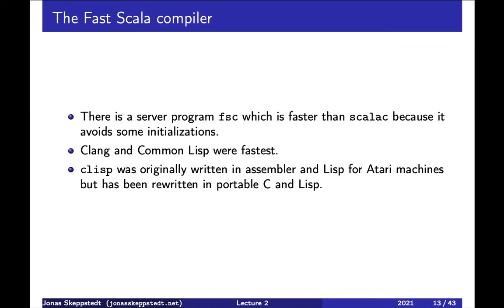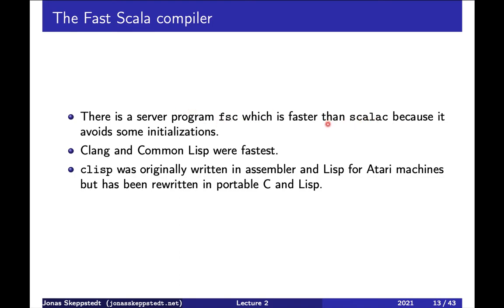To improve the compilation time, there is a compiler server so that some initialization can be avoided, and it's called FSC instead of scalac. For the lab, I think it will be easier for you if you don't use any of this.